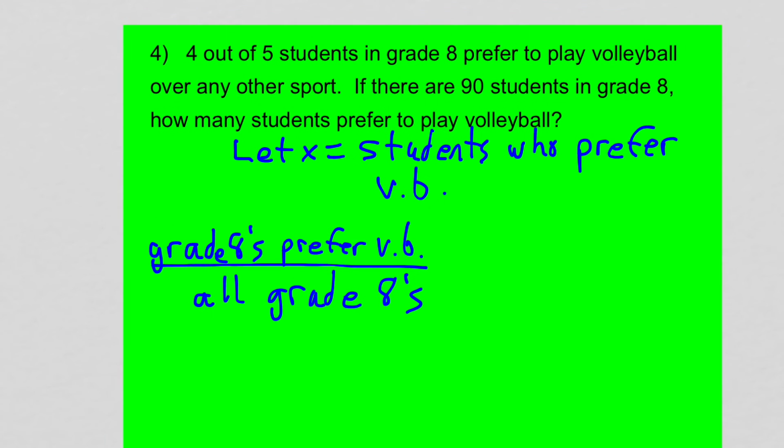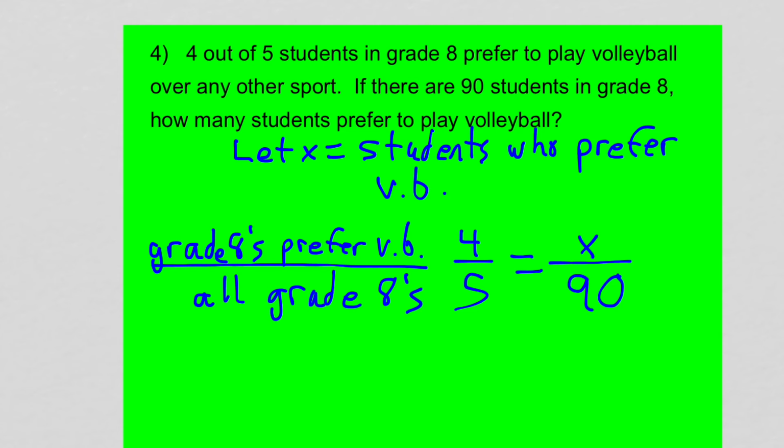Okay, well, let's use numbers now. It says 4 out of 5 students in grade 8 prefer volleyball. So 4 students prefer volleyball out of every 5. Okay, our second ratio has to have our unknown. The unknown is students who prefer volleyball. That's the top ratio, so that goes on top. And then it says there are 90 students in grade 8, so X over 90.